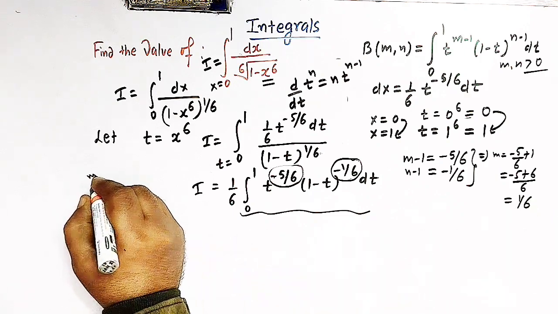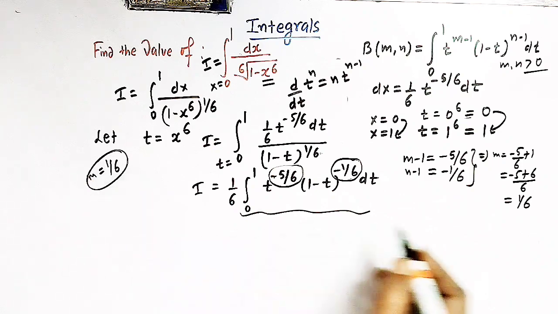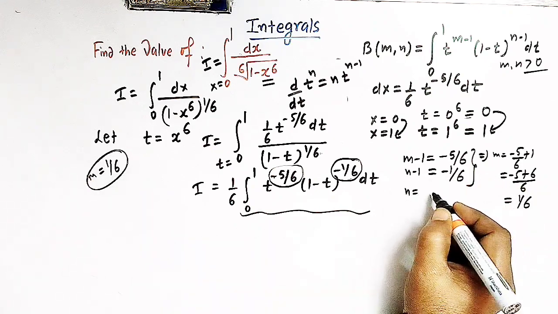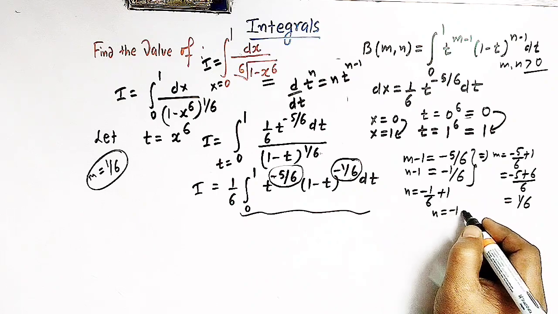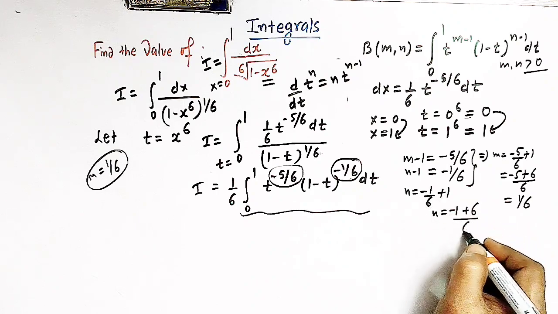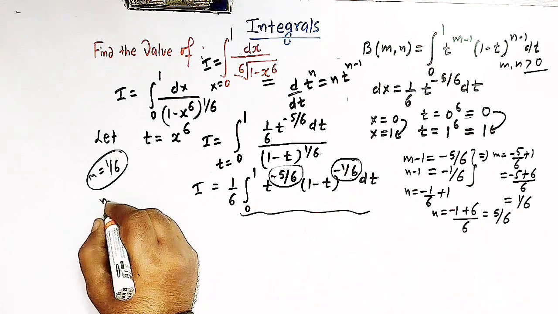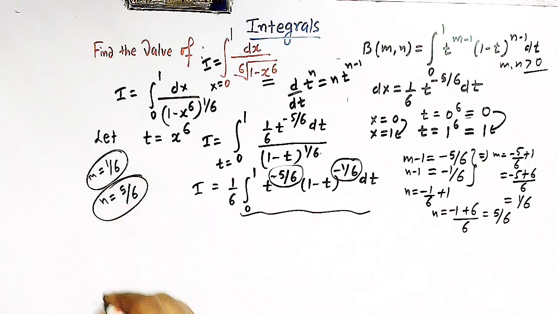So the value of m is 1 over 6. And from this equation, n is minus 1 over 6 plus 1, so n is minus 1 plus 6 over 6, that is 5 over 6. So n is equal to 5 over 6.